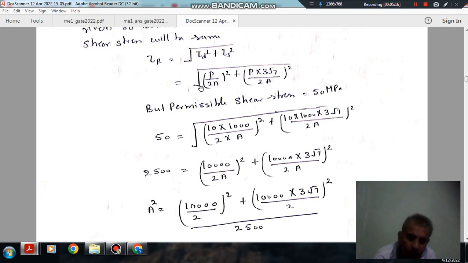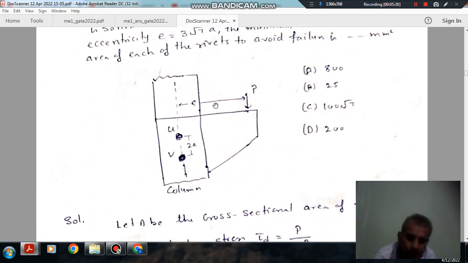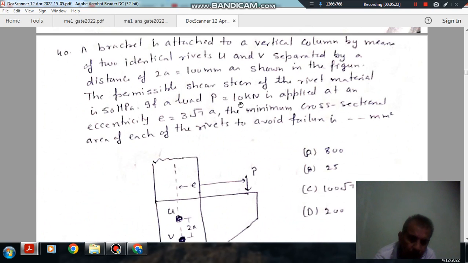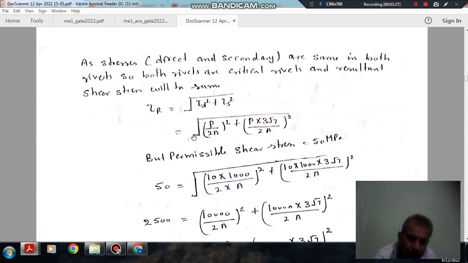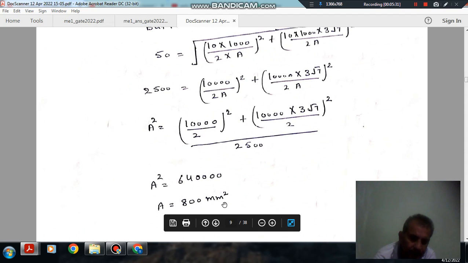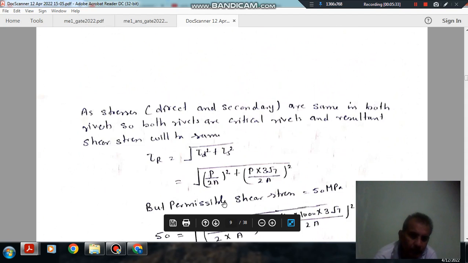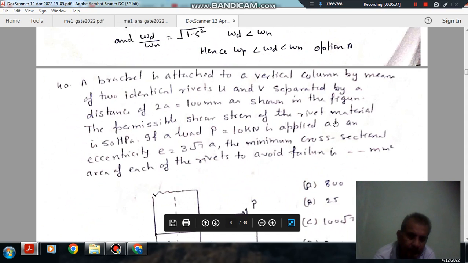Now we have all the values, we just have to calculate A. So A comes out as 800 mm square. So the area of the rivet is 800 mm square, and option A is the right answer.